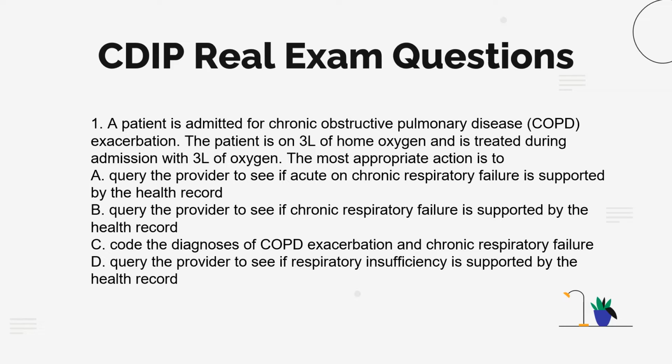B. Query the provider to see if chronic respiratory failure is supported by the health record. C. Code the diagnoses of COPD exacerbation and chronic respiratory failure. D. Query the provider to see if respiratory insufficiency is supported by the health record.